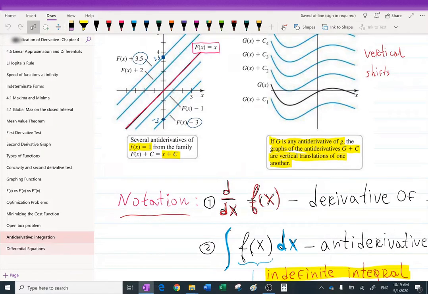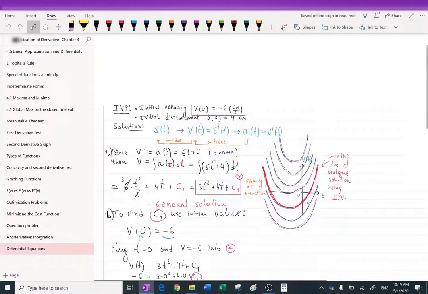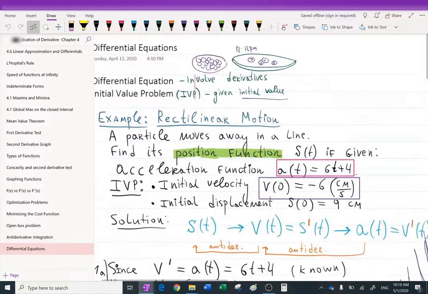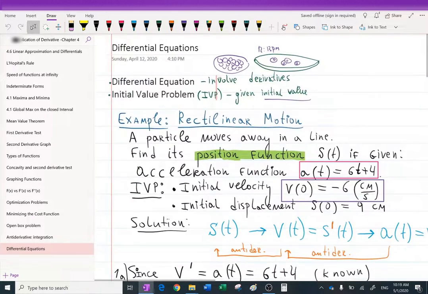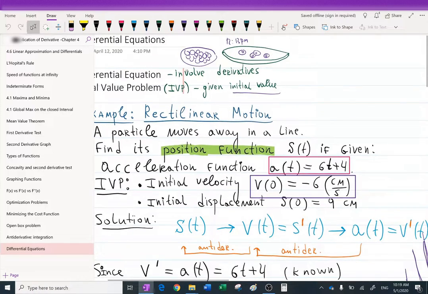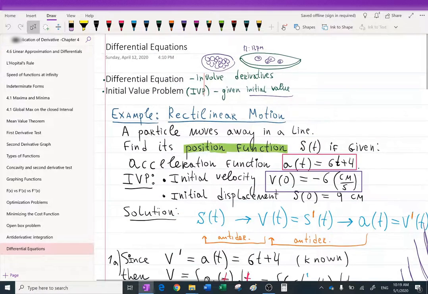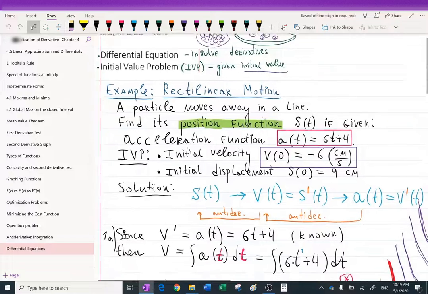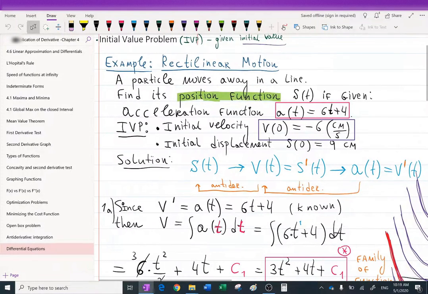So that's where differential equations happened. Differential equations or initial value problems, they have some kind of data given. For example, you want to find position from the velocity or even from acceleration. That means you're integrating the acceleration twice or the velocity once. But how do you know the exact answer if the answer always gives you a family of functions? Well, we give you some kind of data.